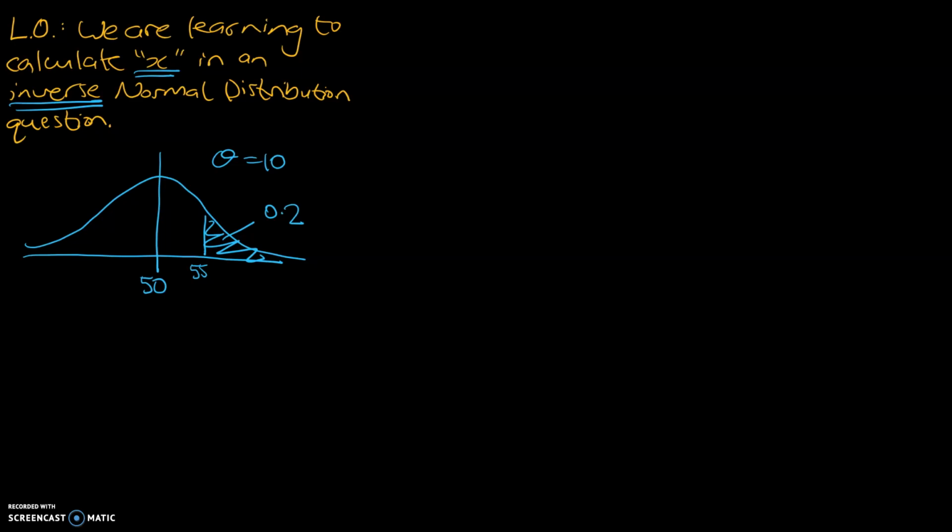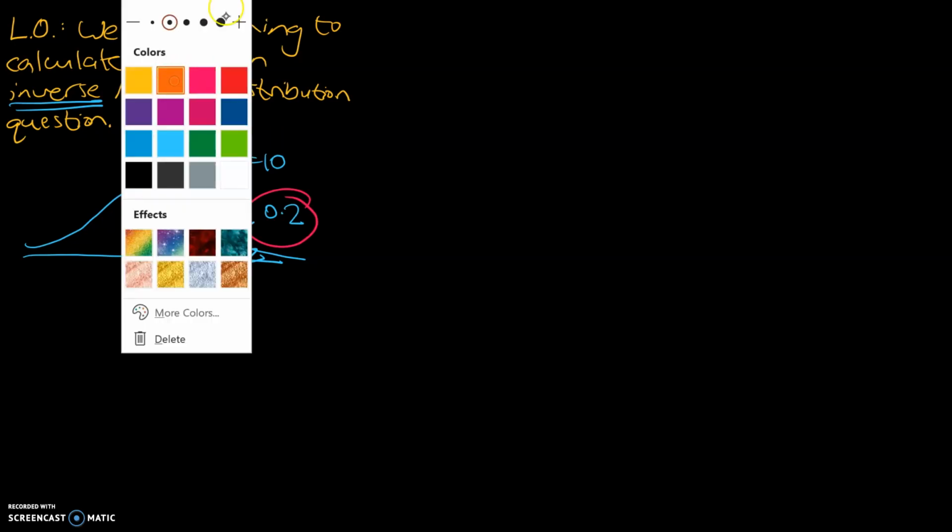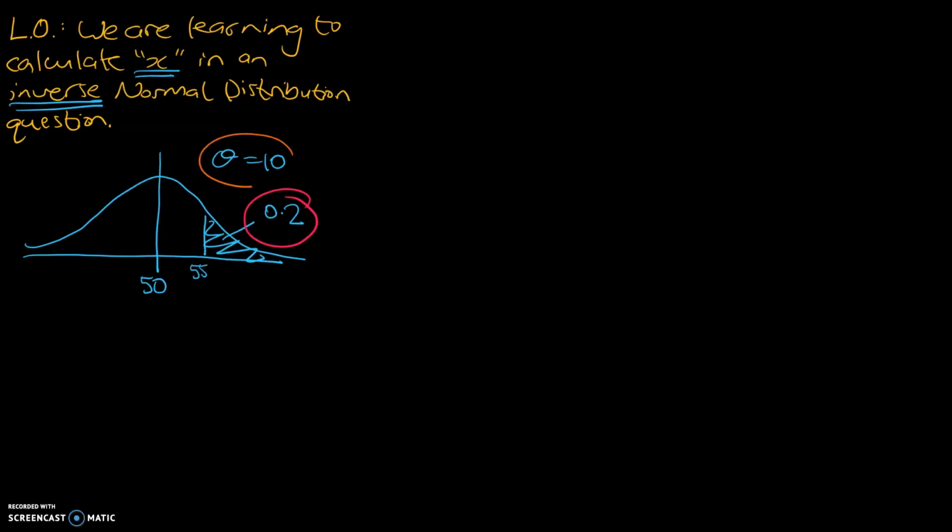An inverse question is a question where you're given the probability and you've been asked to work backwards to find either the standard deviation, the x value, or the mean. In this video, we're focusing on calculating the x value.